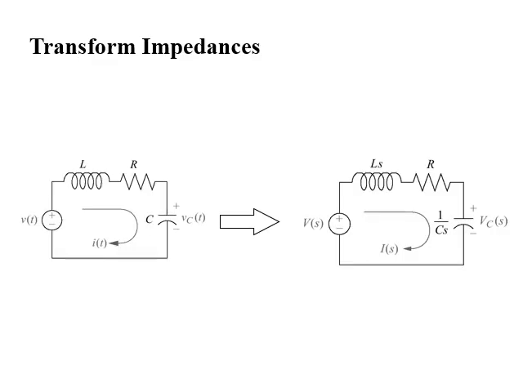The first step in finding the transfer function is to convert the impedance of inductor, resistor and capacitor from time domain to Laplace domain using the table studied in previous slides. Similarly, the voltage source V of t and the current moving through the circuit will also be transformed in Laplace domain.